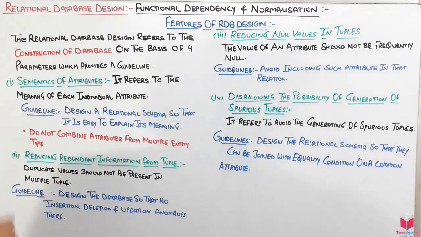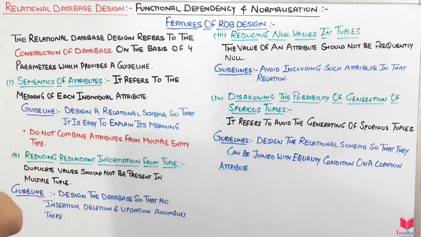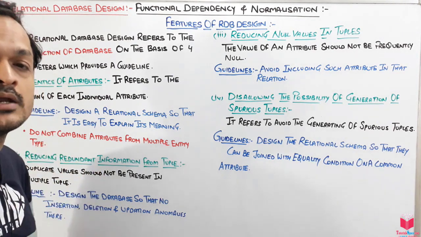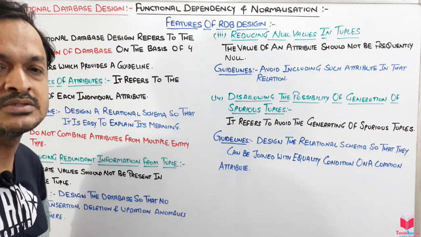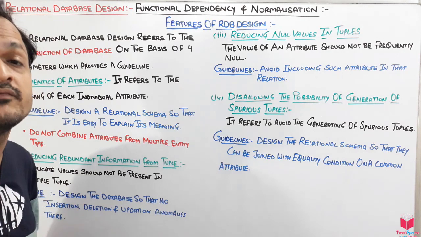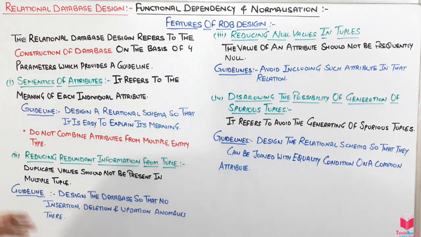The first parameter is semantics of attributes. That means it refers to the meaning of each individual attribute. Suppose we have a table and there is a column whose name creates some confusion, whose name is not meaningful.